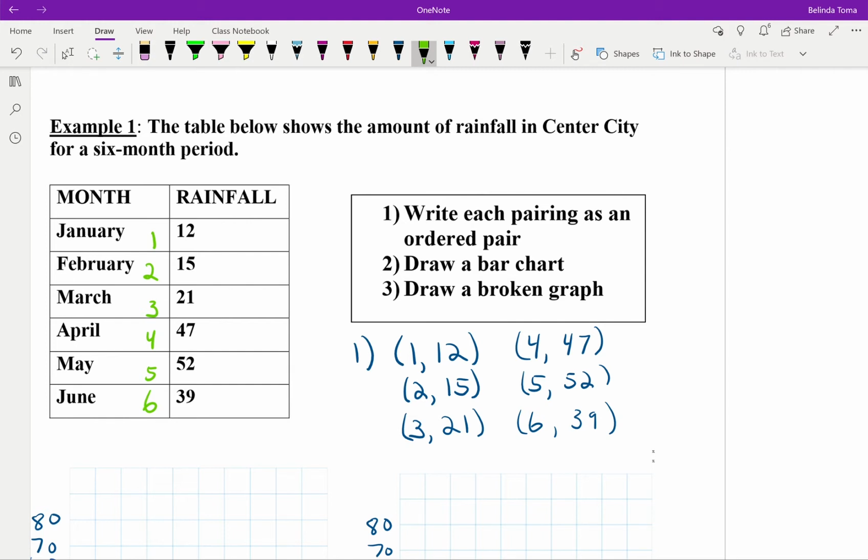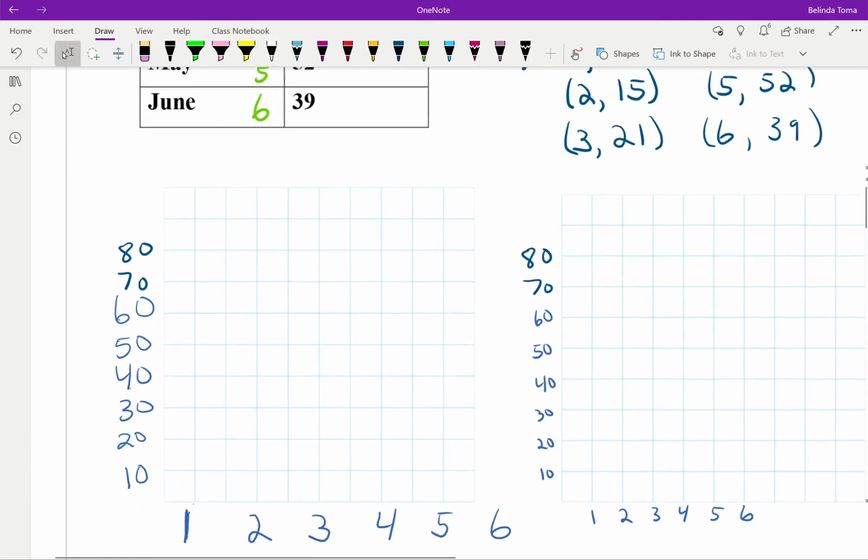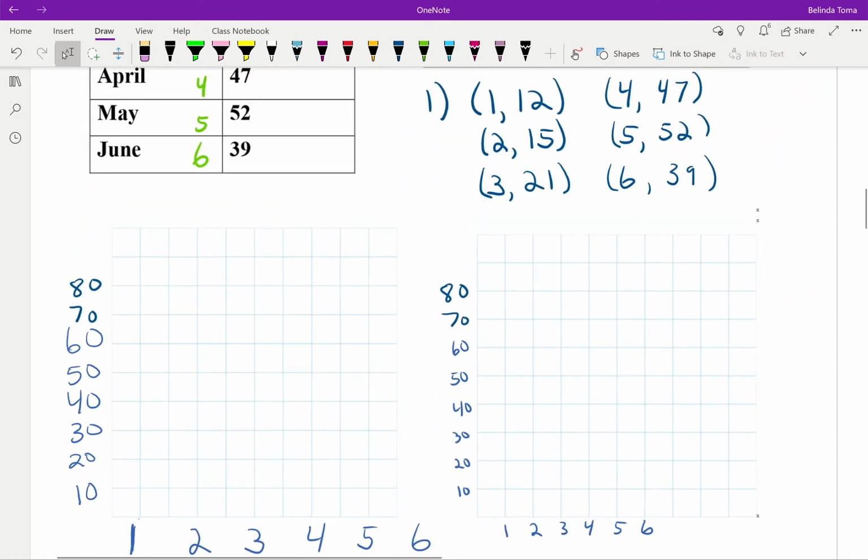What we're going to do now is take that data and make a bar chart. Again, I've got the grid in front of me. Let's make sure we can see those ordered pairs as well. We're simply going to think about the first month and the fact that it has 12 inches of rain.